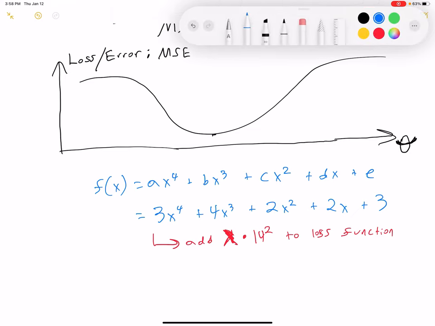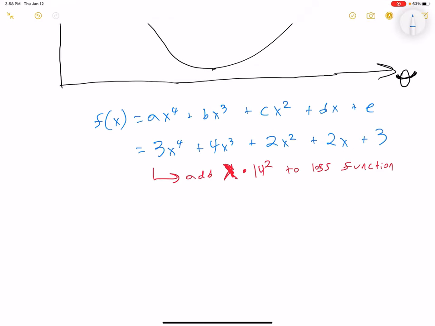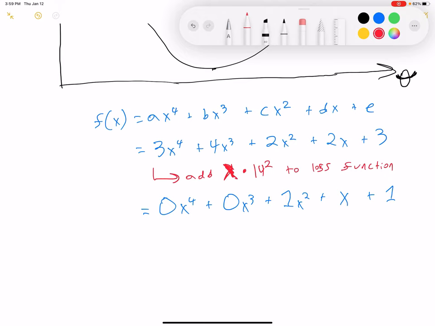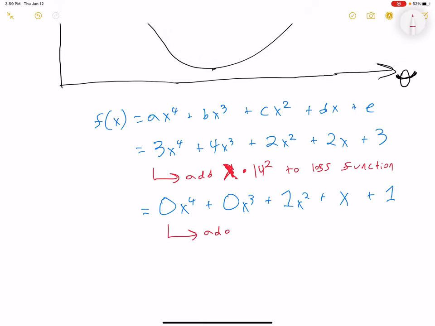Whereas if we had instead learned, let's say, 0 x to the fourth plus 0 x cubed plus 1 x squared plus x plus 1, then in that case we're adding lambda times 3 squared to the loss function.